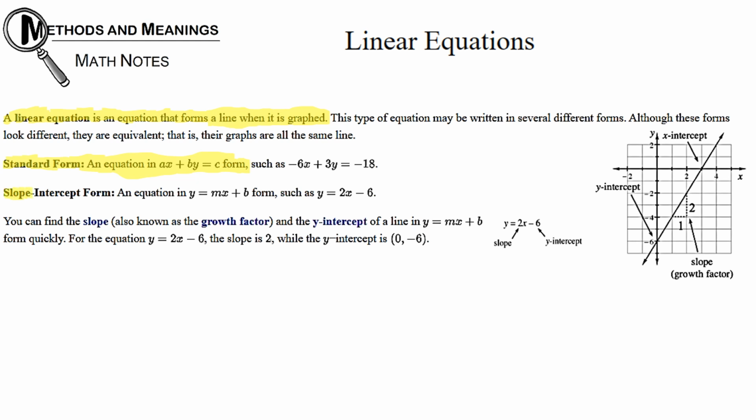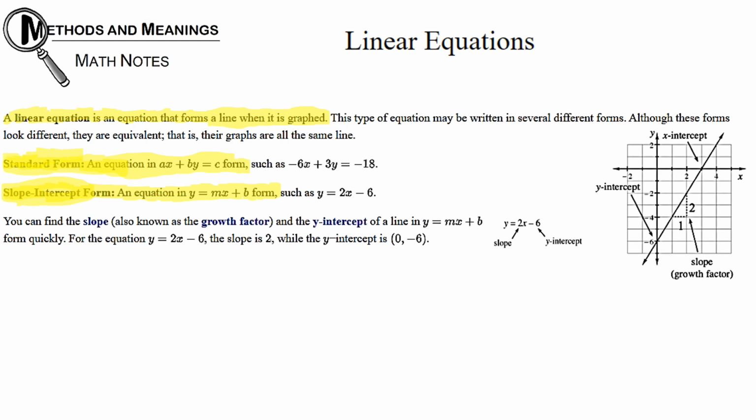The next and most common one, which we should know by now, is slope-intercept form. It's an equation in mx plus b form. The idea is that you want to be able to quickly identify, hey, this looks like this form, so therefore I should expect my graph to be a line. Those are the two most common forms that you'll see in this course.